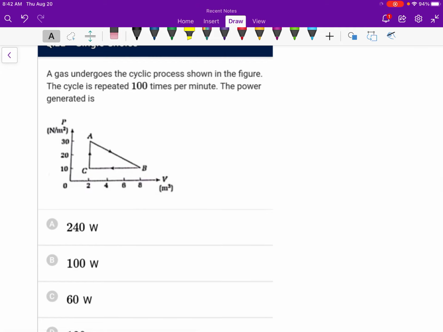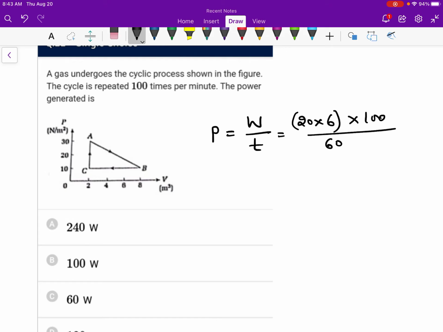Gas undergoes this cycle, the cycle is repeated this, the power generated is, so power generated is work. If gas does W work in T time, then power is W upon T. Now W is the area of the cycle, which is 20 into 6. This is area of one cycle, and in 1 minute there are 100 cycles, so 100 cycles upon time, which is 60.